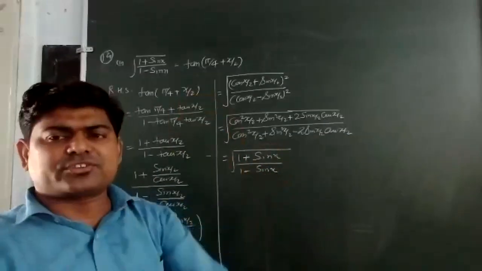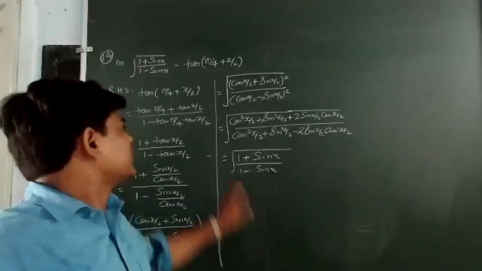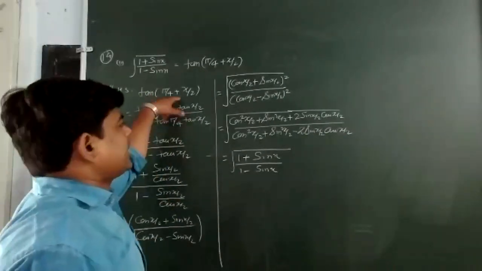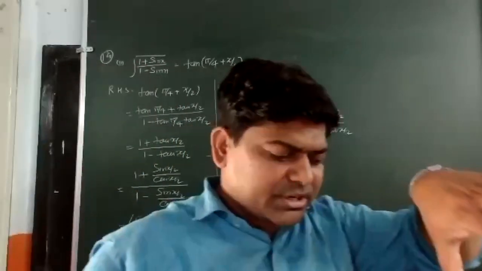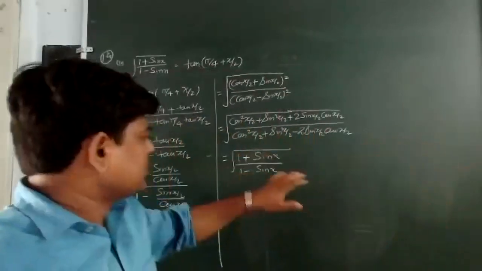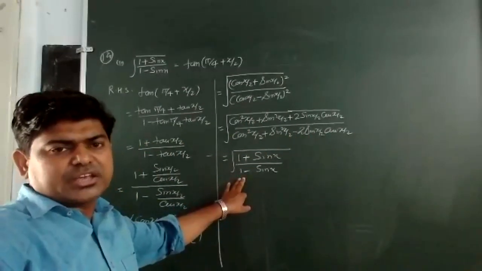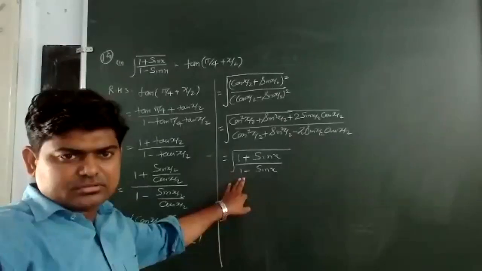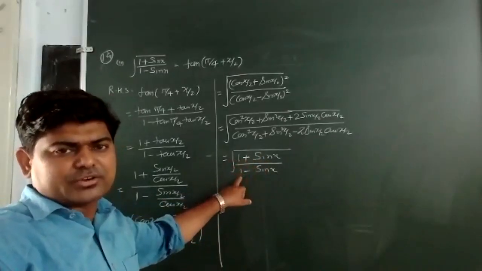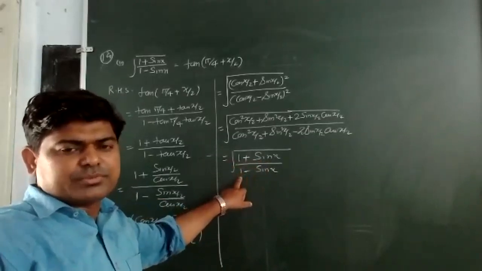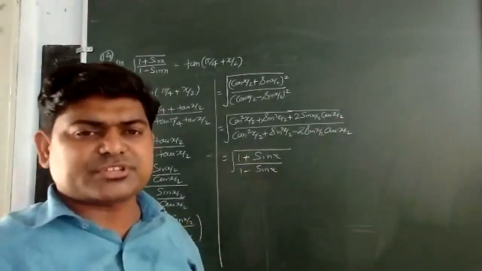If you are asking about the third part of this question, in the third part you can see the left hand side as given in this form and the right hand side is sec x plus tan x. No problem. Here if I multiply by 1 plus sin x in numerator and denominator, I get 1 plus sin x whole square, and here I will get cos square, it will be eliminated. 1 plus sin upon cos, when I separate it, I will get sec x plus tan x.